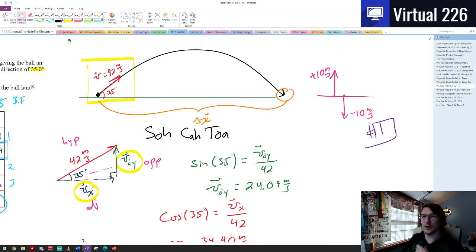Another way you could have solved this problem, if you're kind of recognizing it, maybe you see things a little differently, is you could have actually solved this problem halfway. You could have said that, hey, at halfway, my final velocity at maximum height in the y direction is 0. And then you could have used VI, VF, and A to solve for t, once again using equation number 3 for that.